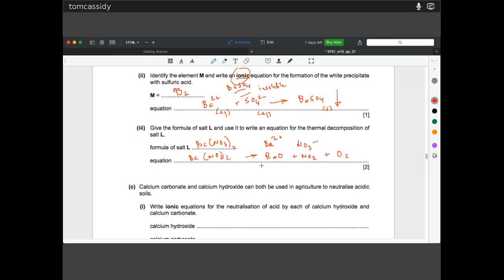So you've got the reactants, the products there. You just have to work through the stoichiometry. You end up with 2 of those, and 4 of those, and you can check that those all balance up. You have the same number of each kind of atom on both sides of the equation. Those are our 2 marks.